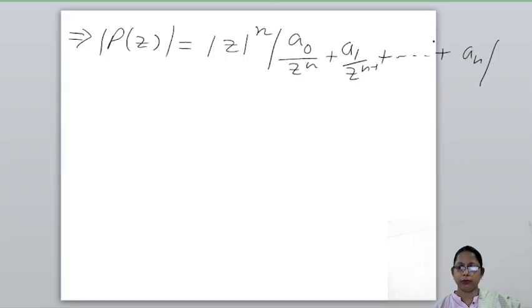Here, as z tends to infinity, all these terms become 0 and we are left with a naught. So as z tends to infinity, p(z) tends to infinity.